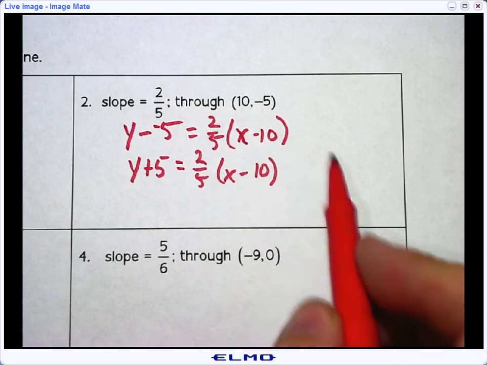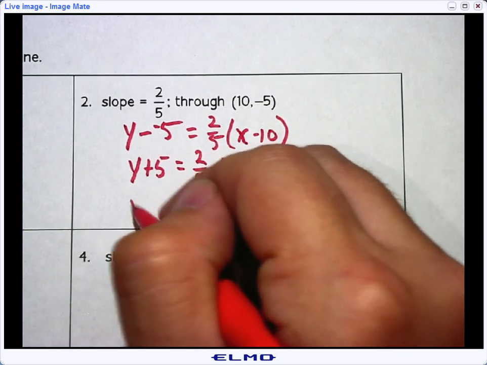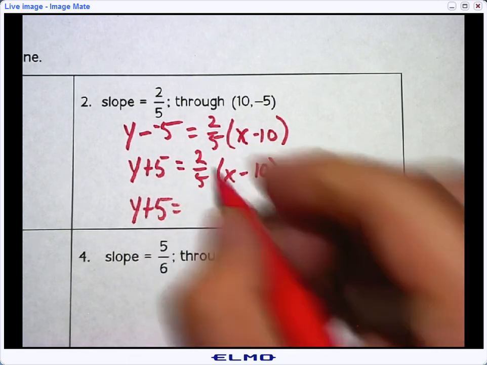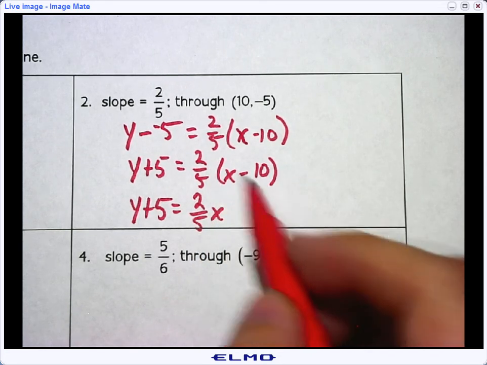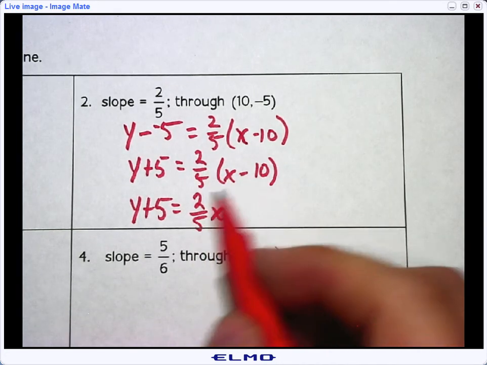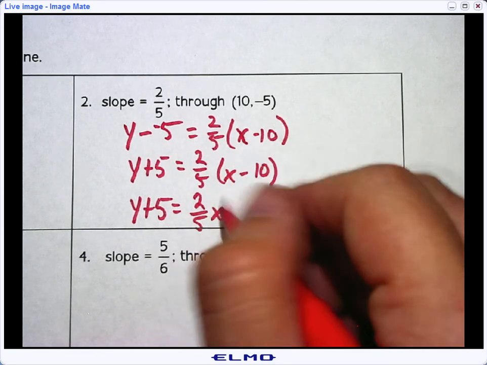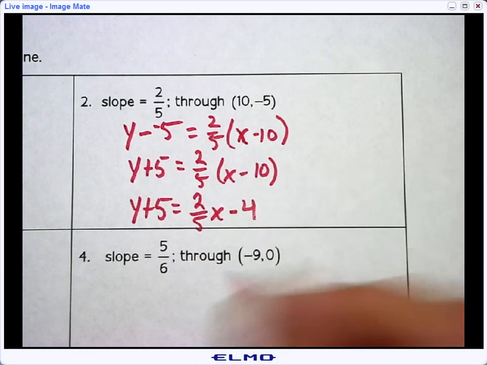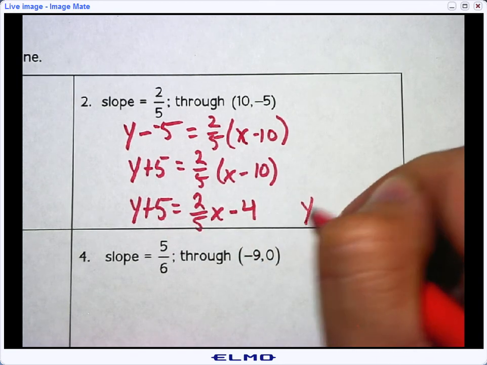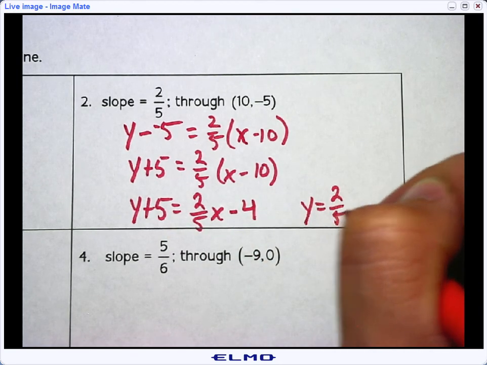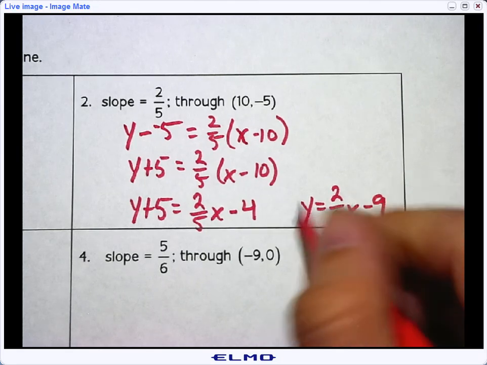We distribute the 2/5. That's going to give us y plus 5 equals 2/5 x. 2/5 times 10, that's going to give us 4. So minus 4. Subtract 5 from both sides, and you're going to get the final answer, y equals 2/5x minus 9.